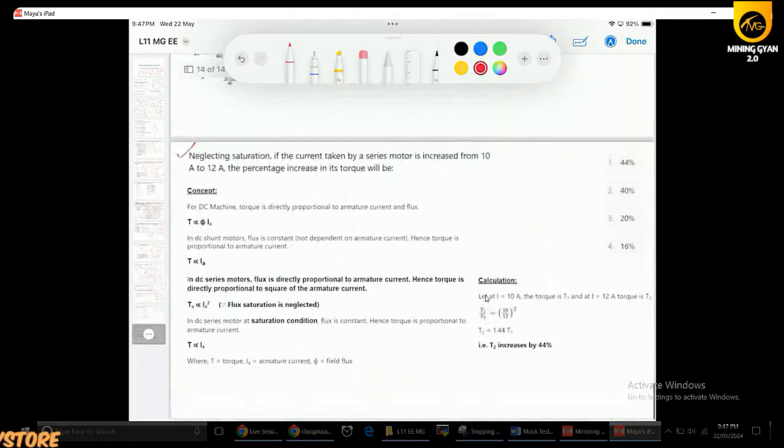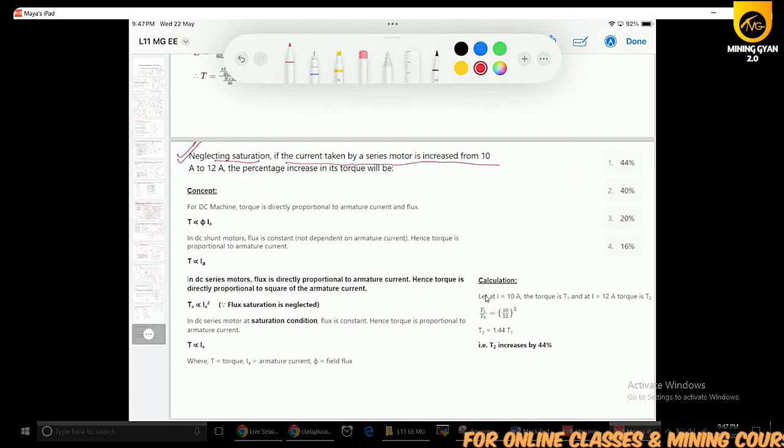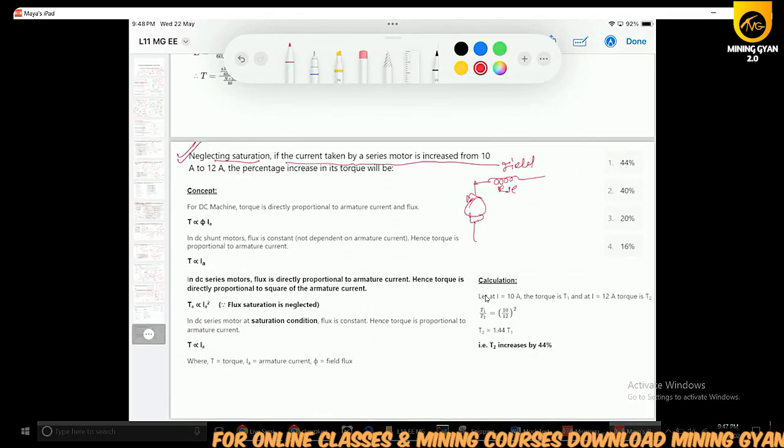Now coming to the last question: neglecting the saturation. Saturation is related to the magnetic flux of saturation. Now this is the motor, and the field winding is in series with the motor.